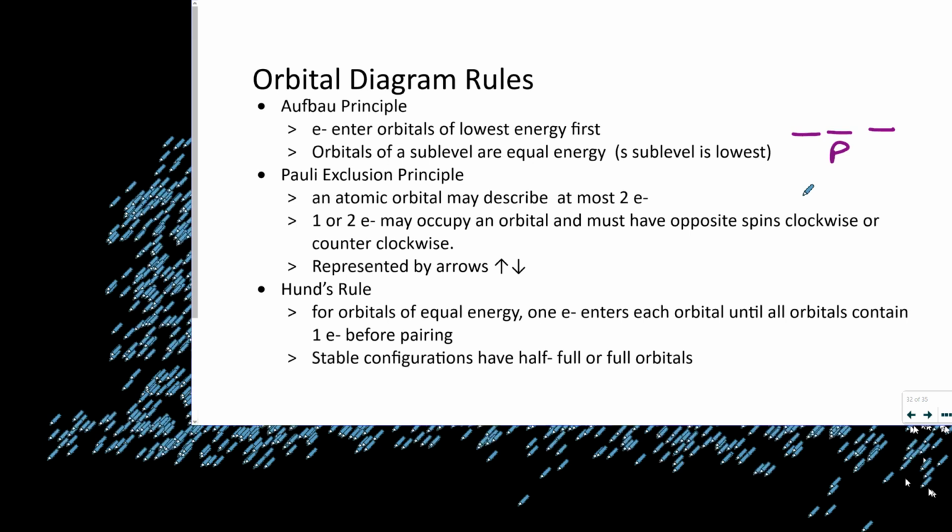So what that means is if we have 2 electrons to go in this p orbital, we have to separate them because you have to put 1 in each orbital before going back and pairing. You would not have them paired up because it's not stable. Stable configurations are going to have half full or completely full orbitals.